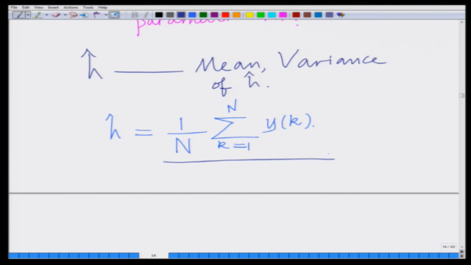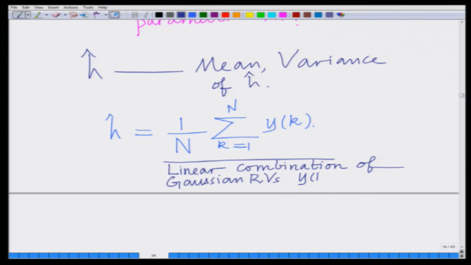Observe that this is a linear combination of Gaussian random variables y1, y2, up to yn.